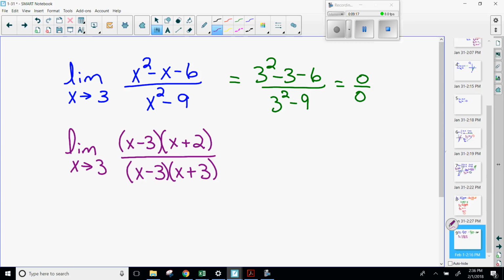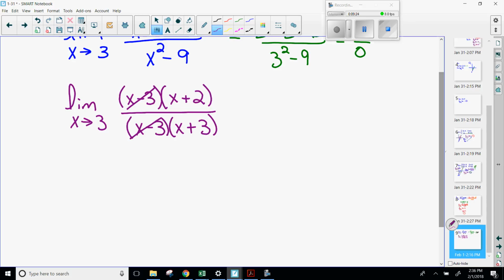What happens? The x minus 3's cancel, and sometimes this gets kind of messy. You've got to be neat with your assignments still because you're getting into stuff here. Now we take the limit as x approaches 3 of x plus 2 over x plus 3. I can just put my equal sign without writing limit again because I'm going to replace.